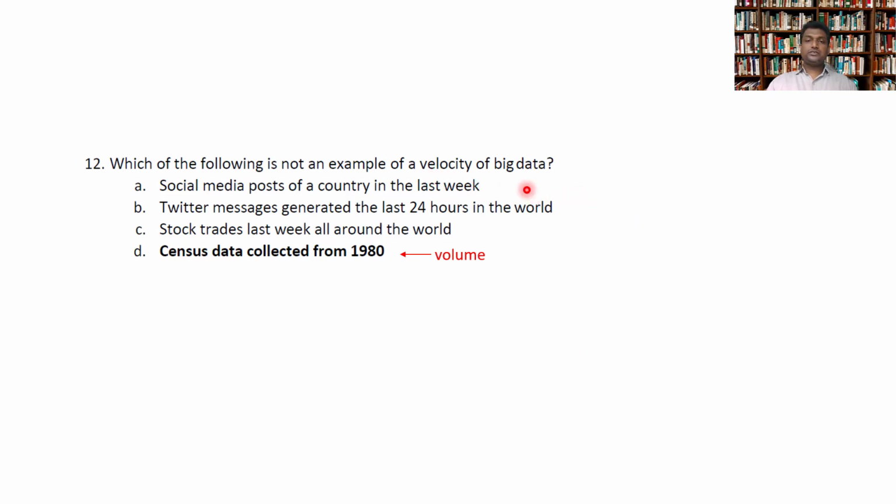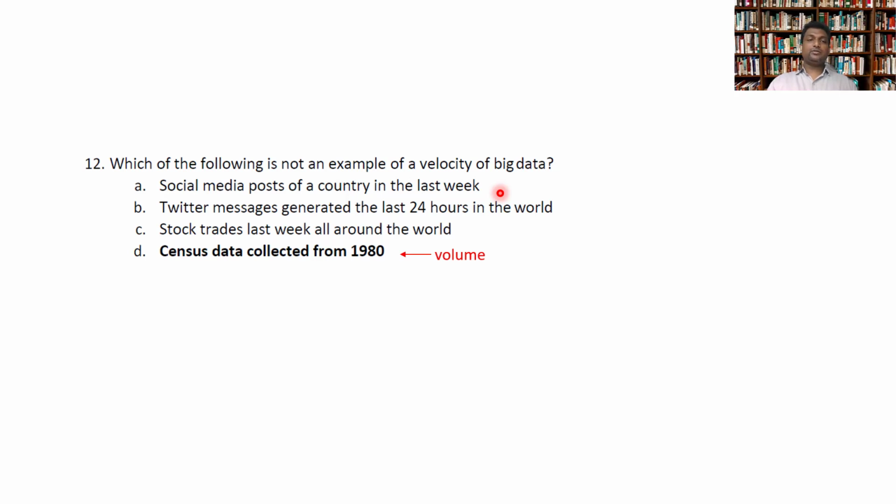Velocity means at a high speed, right? At a consistent or great speed something is happening. So in terms of big data, let's look at each of these. Take the example of social media posts of a country in the last week.